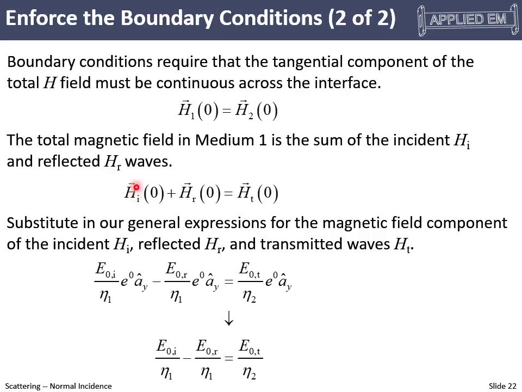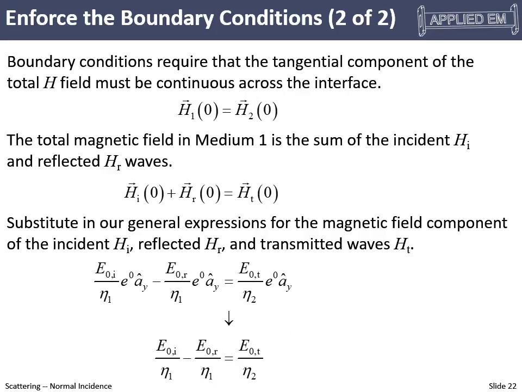Then we replace these H fields with our expressions for the waves. We have these e to the zeros again because z equals 0, so they'll cancel out. Everything's in the y direction, so that will cancel out. And we're just left with a second equation.